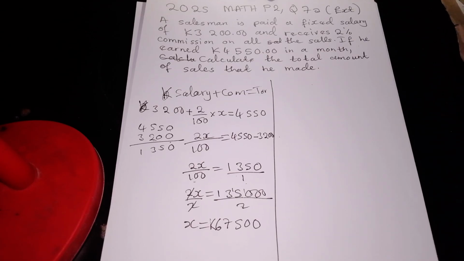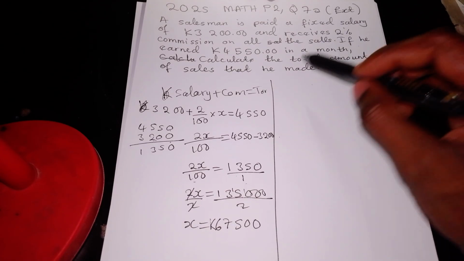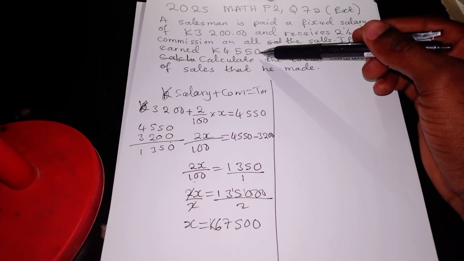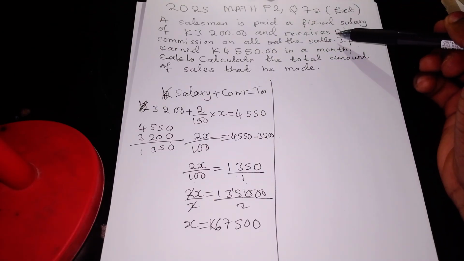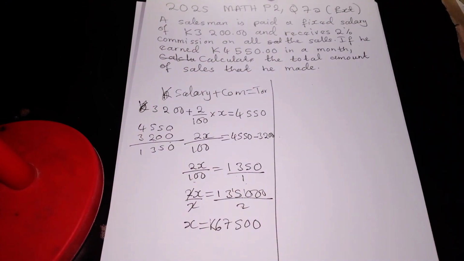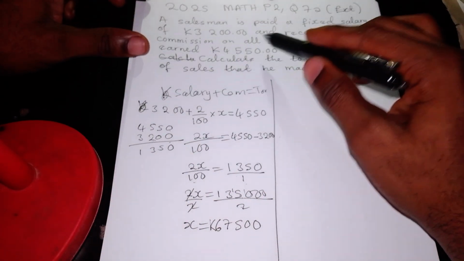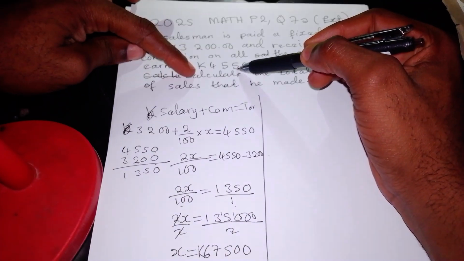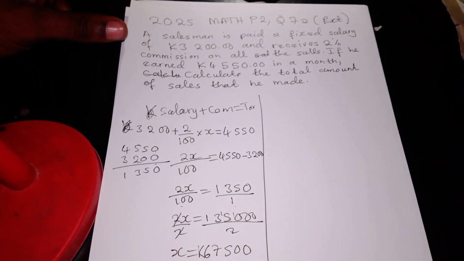An alternative method, in case you didn't understand this, or in case you just want to add to what you have understood, would be to understand that this amount is made up of the 2% commission and the fixed salary. So to find the 2%, I can just remove the salary from the total so that I remain with the commission.